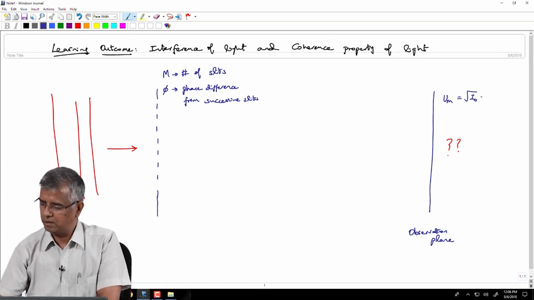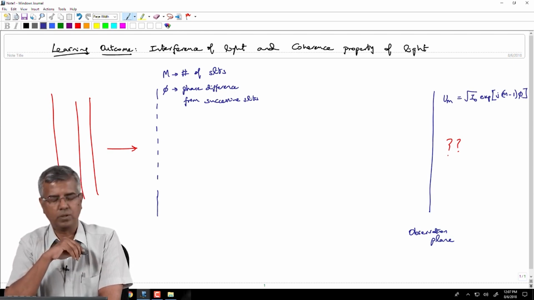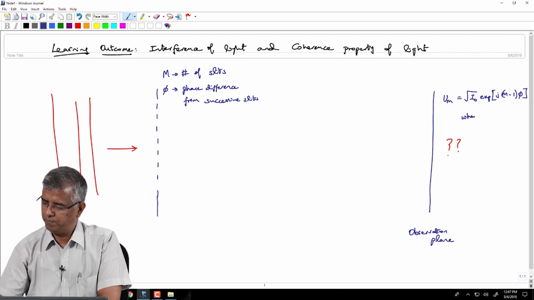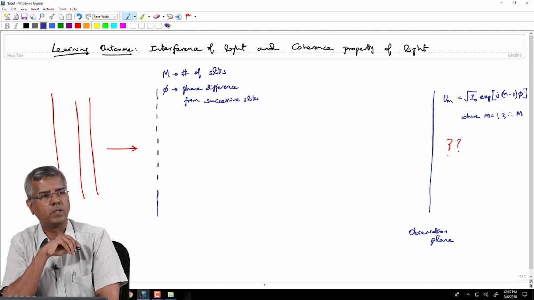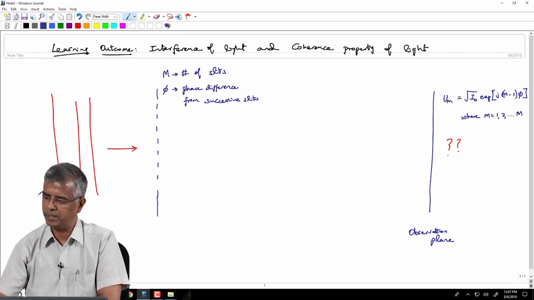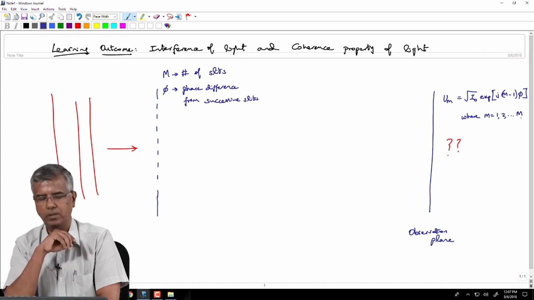So, root of I naught times exponential of j times (m minus 1) phi would describe each one of those, where m can take values of 1, 2, all the way up to capital M. Capital M is the total number of slits that we are considering. Okay. This is small m over here, and that is the index, and that index can take values of 1 to M.